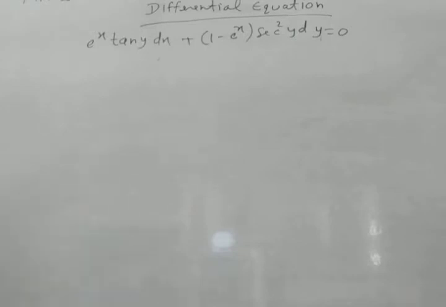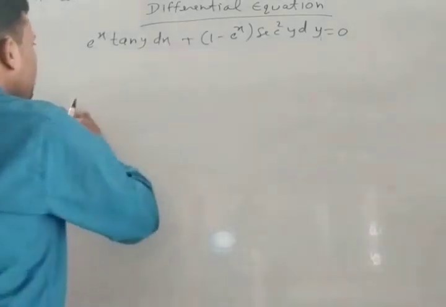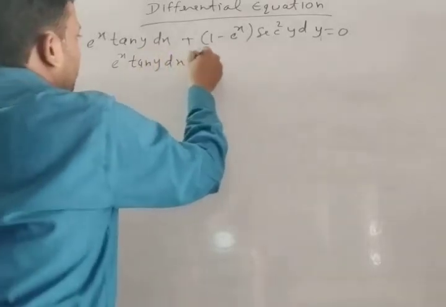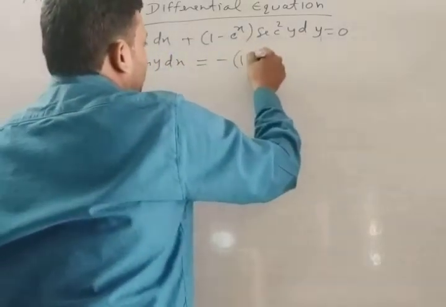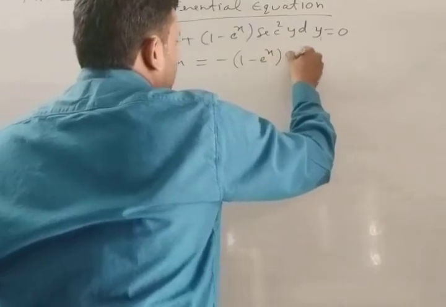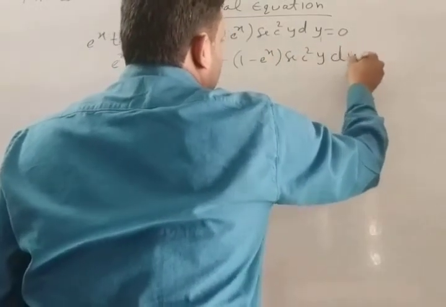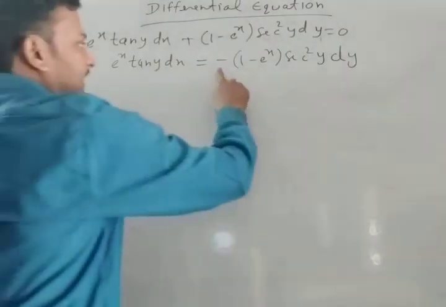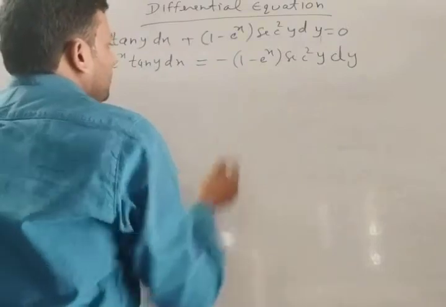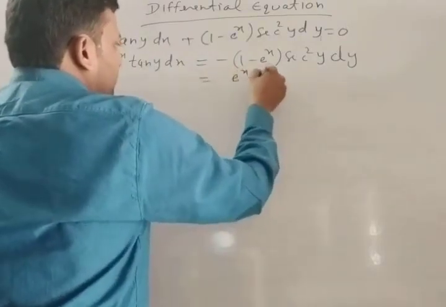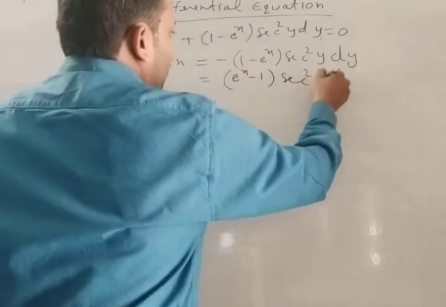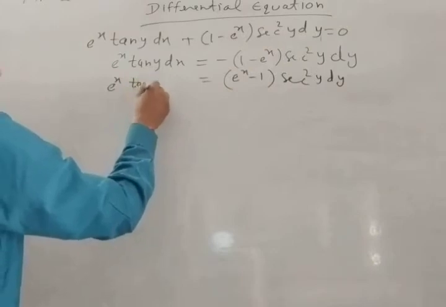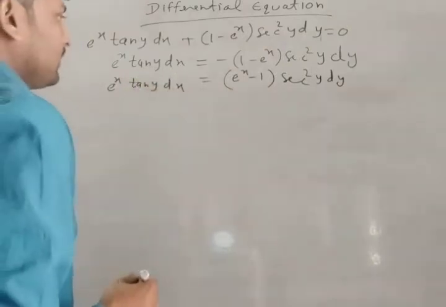So we will start. e to the power x tan y dx is equal to minus (1 minus e to the power x) sec square y dy. Now we multiply this negative sign inside the bracket. We get (e to the power x minus 1) sec square y dy, and here e to the power x tan y dx.